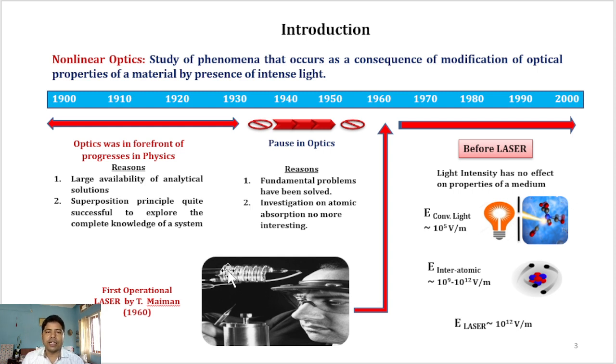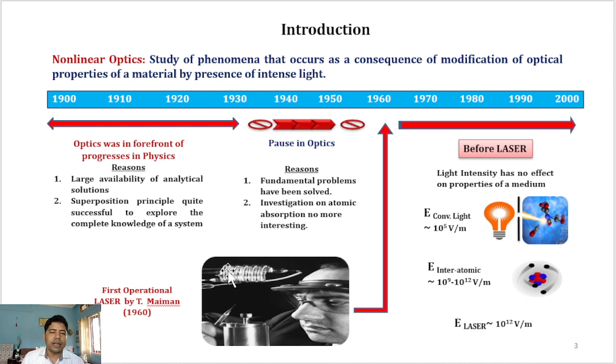But unfortunately, from 1917 to 1960 there was no physical laser source, no physical working laser that could be useful for our research purposes or daily purposes. So the first operational laser was invented by Theodore Maiman in 1960.